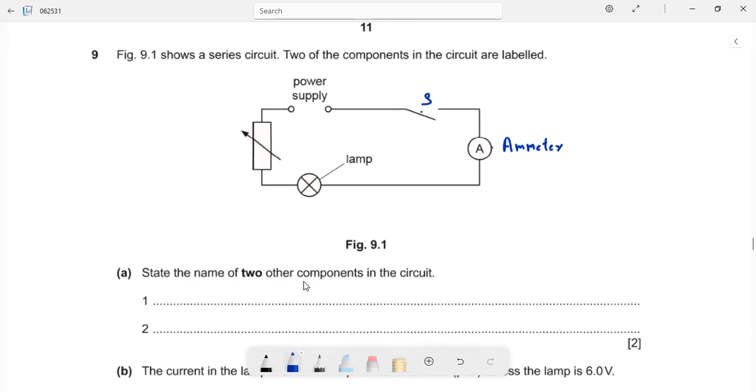Here one rheostat or variable resistor is there. This is the switch. So any two we can write here: either variable resistor, switch or ammeter.